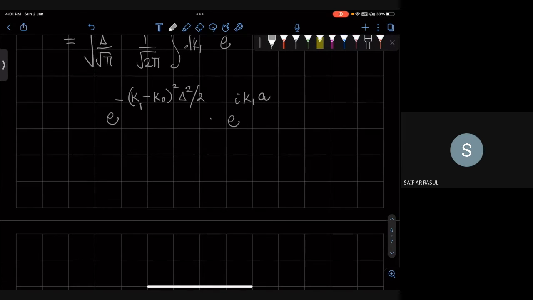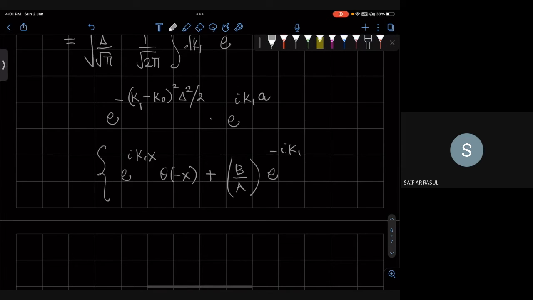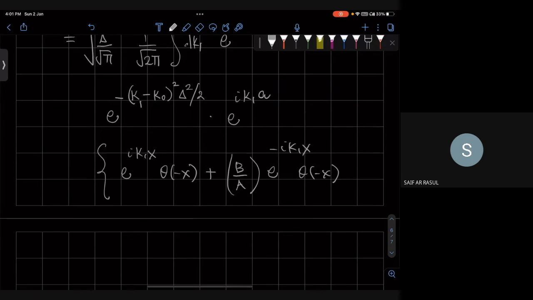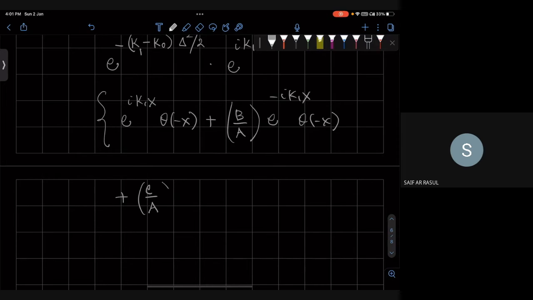We did this before, so this has 3 terms: e to the power i k1 x, theta of minus x, and there is b over a, remember the coefficient; then e to the power minus i k1 x, theta of minus x, plus c over a, e to the power i k2 x, where k2 is the square root of k1 squared minus 2m v naught divided by h bar squared, and then we have multiplied dx, and then we can close the bracket.